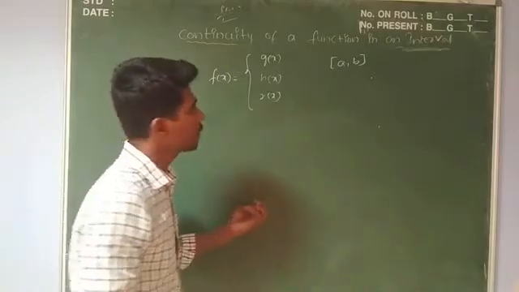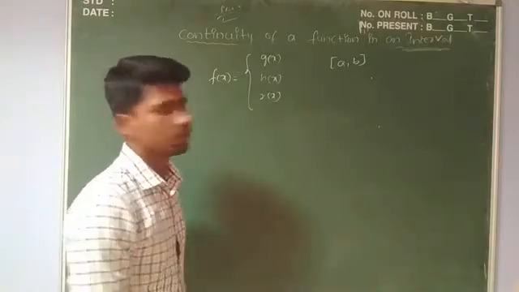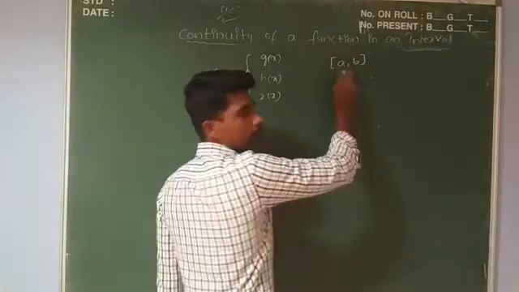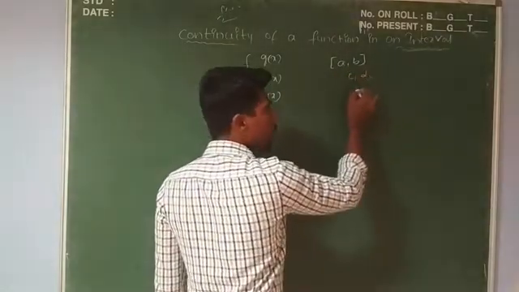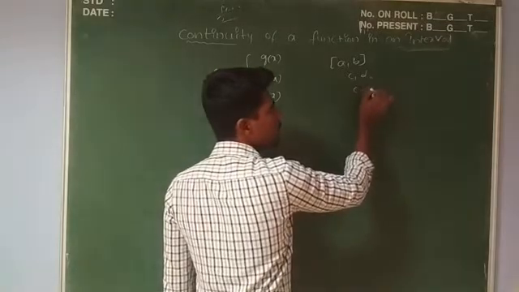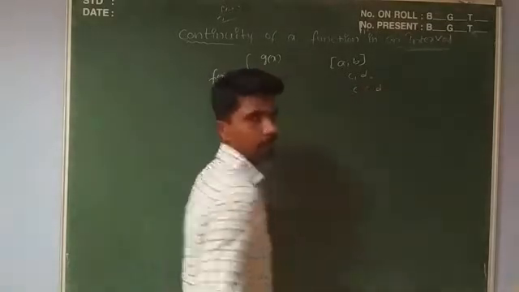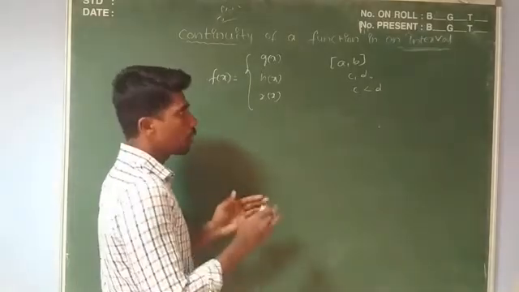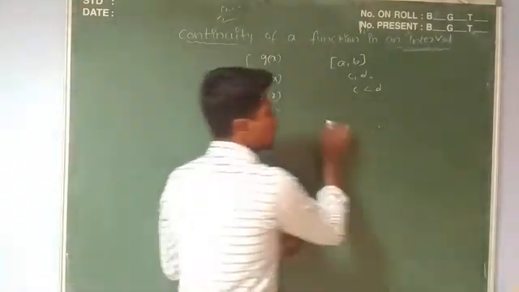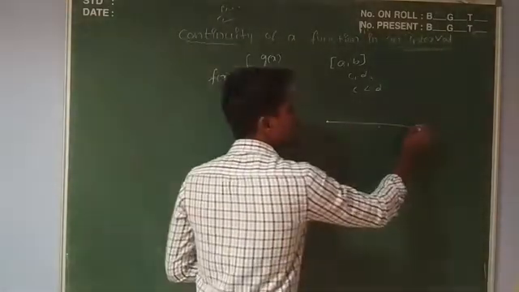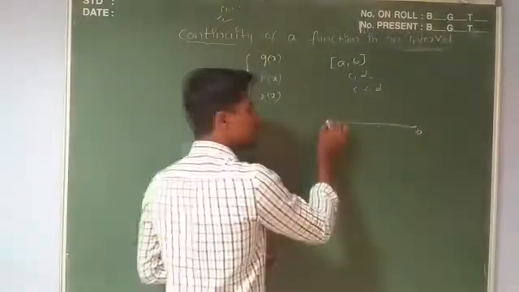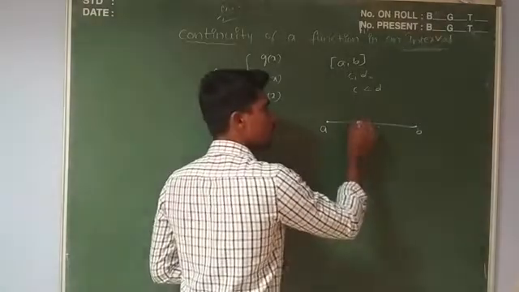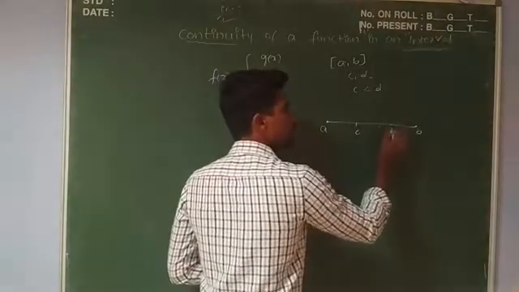Suppose I consider two real numbers lying in between a and b, c comma d, and I take c smaller than d. Then the function is broken into three parts. The three parts are defined like this. It is a, b, and this is c, and this one is d.